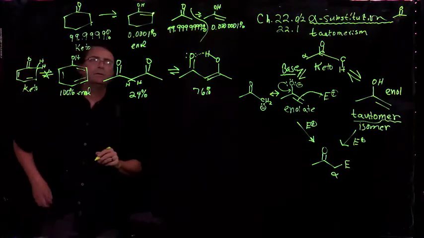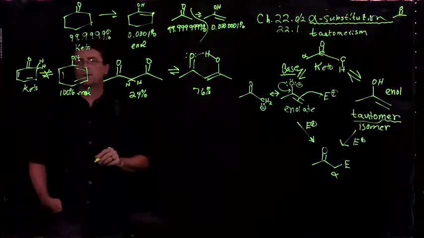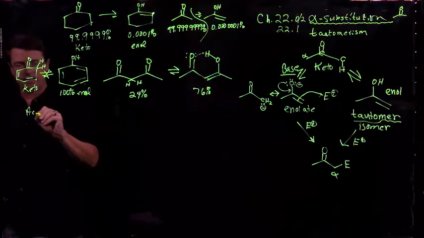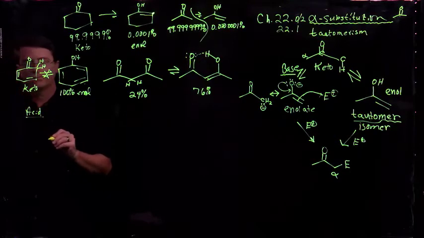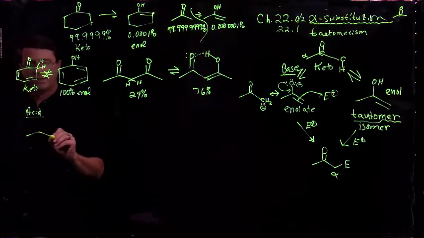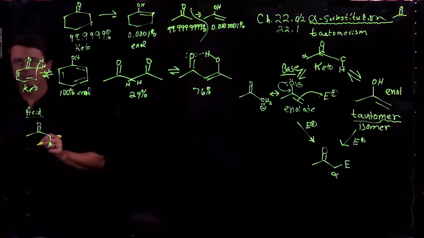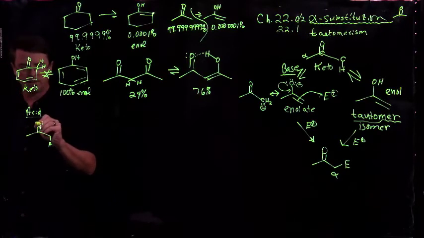All right, now how does this keto-enol tautomerization take place? Well, first, there's an acid-catalyzed process. So if we have an alpha hydrogen, and I'm only going to show the one, the other two are there, but just to simplify drawing and following along.